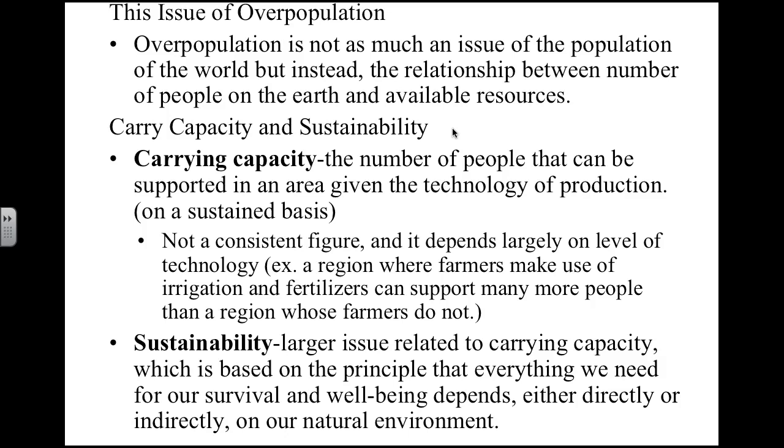Japan is a prime example of an industrial country with a very high carrying capacity despite its relatively small land space, as well as arable land space, because they can import a lot. Europe has arable land, but it's an area that imports a lot of its food. So if you're importing a lot of food, or using technological improvements like we said earlier, then your carrying capacity may be higher than other areas.